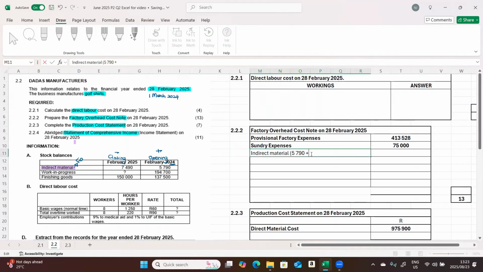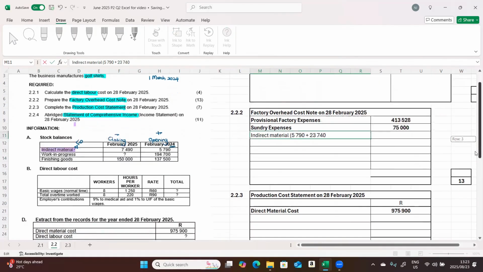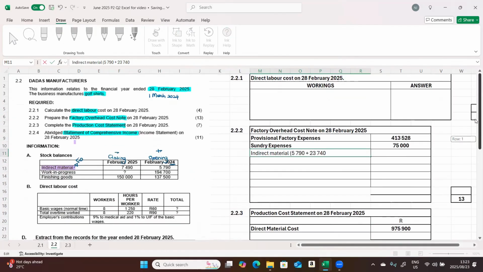So we say plus the 23,740. Let's just make sure, yes. And then you subtract your closing balance of 7,490. So subtract 7,490. And then you close your bracket, guys.